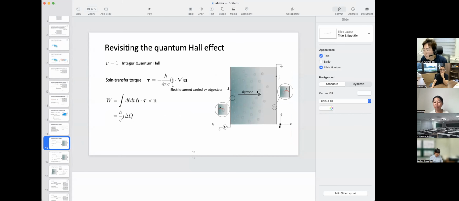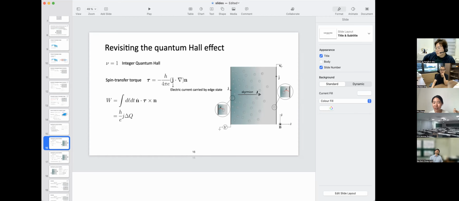You mean an electric field inside the plane, inside the quantum Hall plane? Yeah, in plane. I think this is effectively acting like there is a voltage on one edge and no voltage on the other edge, which is ground.